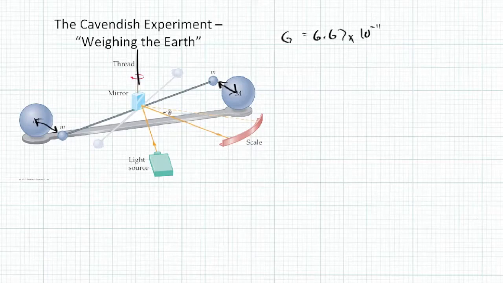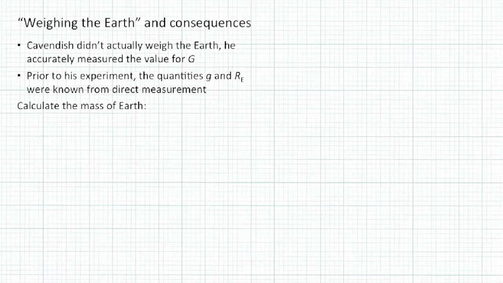What he was really trying to do was weigh the Earth, but he really wound up coming up with our value for G. So he was trying to weigh the Earth, but found this gravitational constant G that relates force and mass and radius or distance between two objects that have mass.